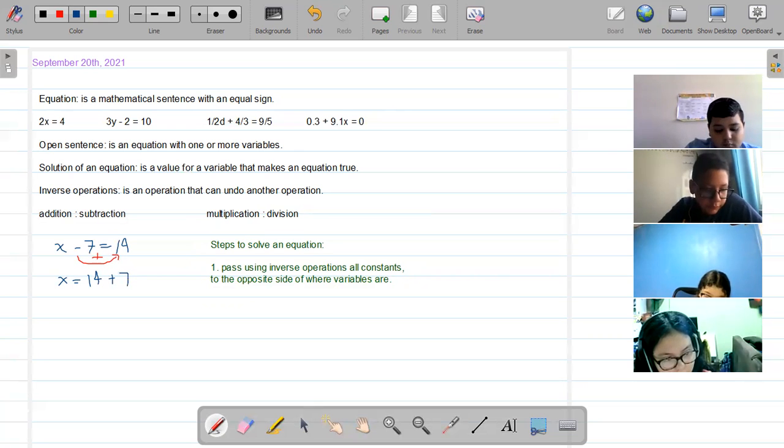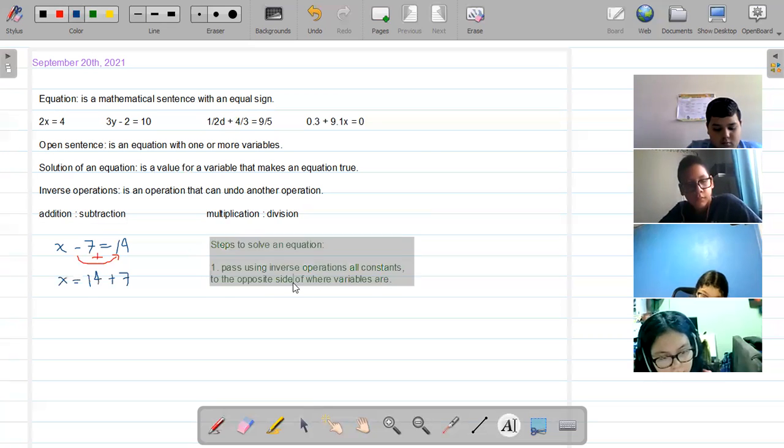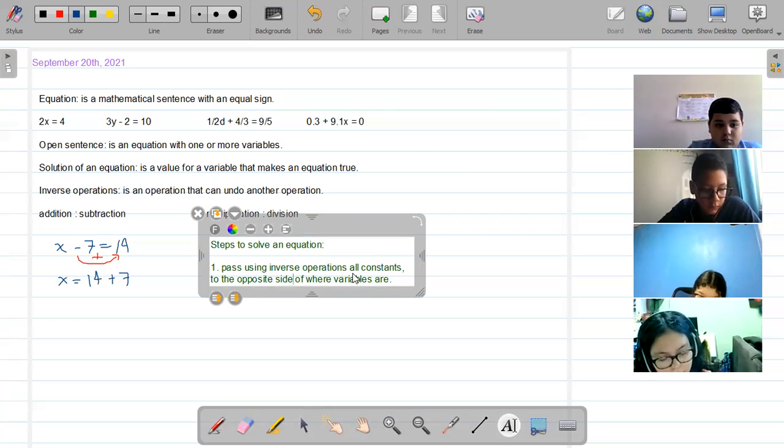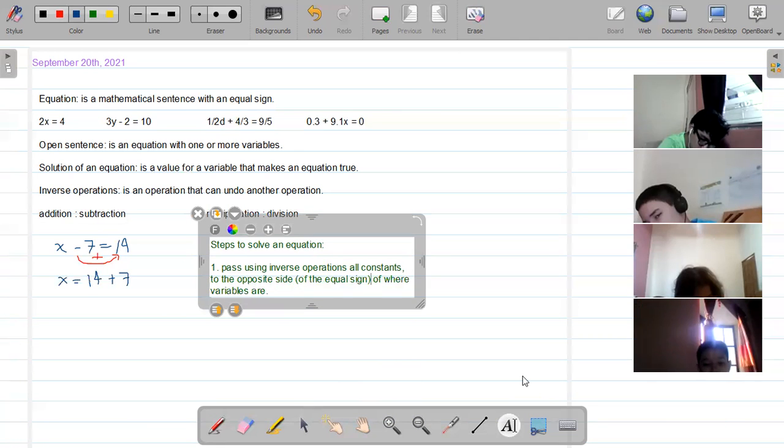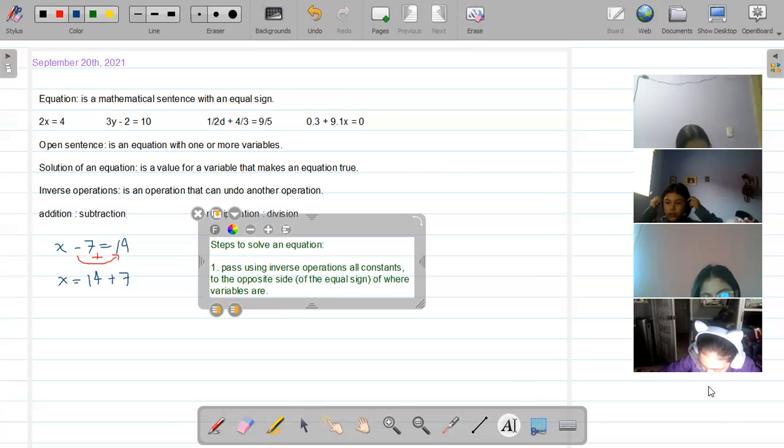So plus the 7, okay? The equal sign is always the boundary. The equal sign is what lets us know which one is the right and the left side, okay?